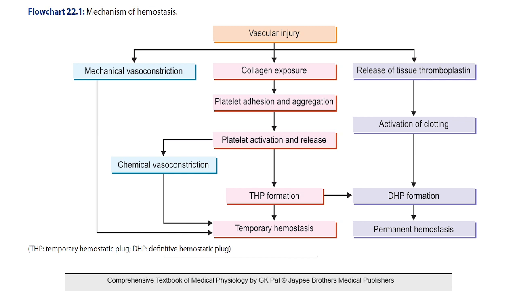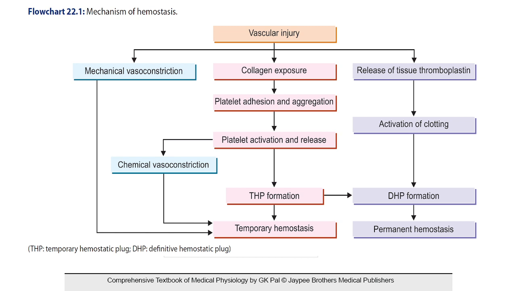After the collagen exposure, we can see there are many platelets wandering in the blood circulatory system. Whenever an injury occurs to the blood vessel, these platelets come near the site of injury, and that property is called platelet aggregation.